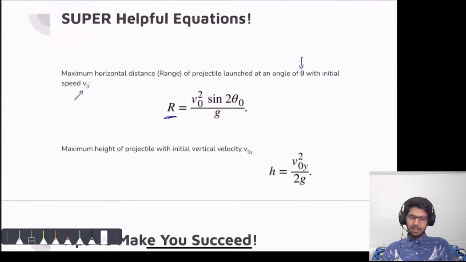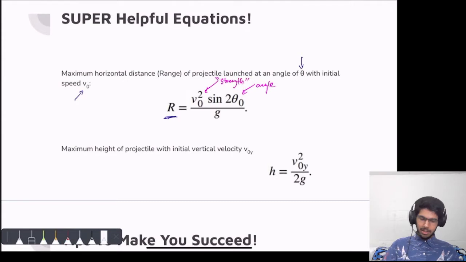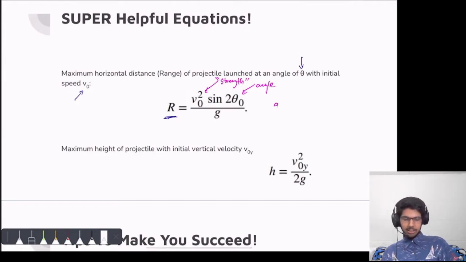V naught would just mean that I kick it harder or softer, and theta is just the angle. I'll just put strength, but in quotations because it's not really strength. So this formula will give us the range, which is how far the thing will travel, the horizontal distance, delta x. And here g equals 9.8, the gravitational constant.